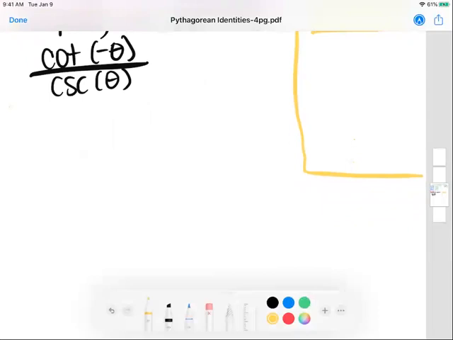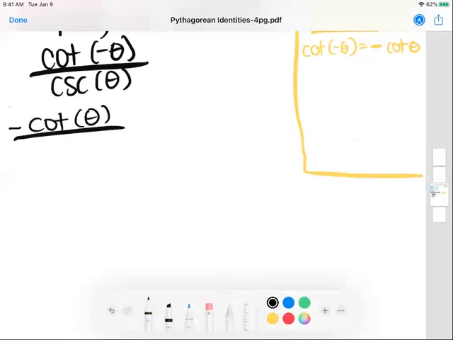I can rewrite this using my identity, that cotangent of negative theta is equal to negative cotangent of theta. So negative cotangent of theta over cosecant of theta. I won't write my parentheses.